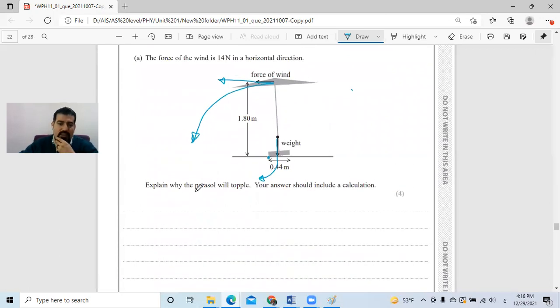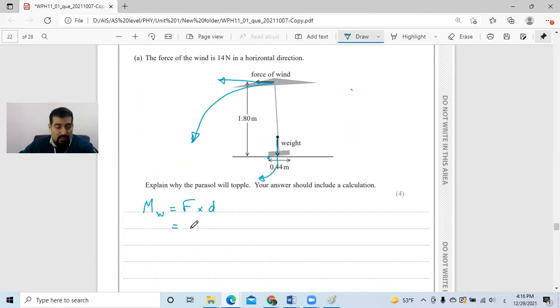What do they ask? Explain why the parasol will topple. Because the moment by the wind is greater than the moment by the weight. Let's do this calculation. The moment by the wind equals the force of the wind multiplied by the distance from the point of rotation.